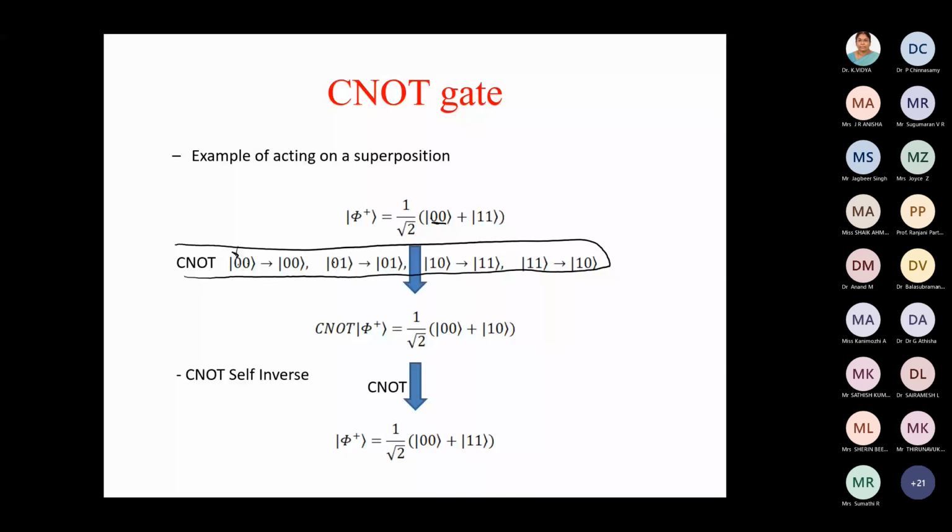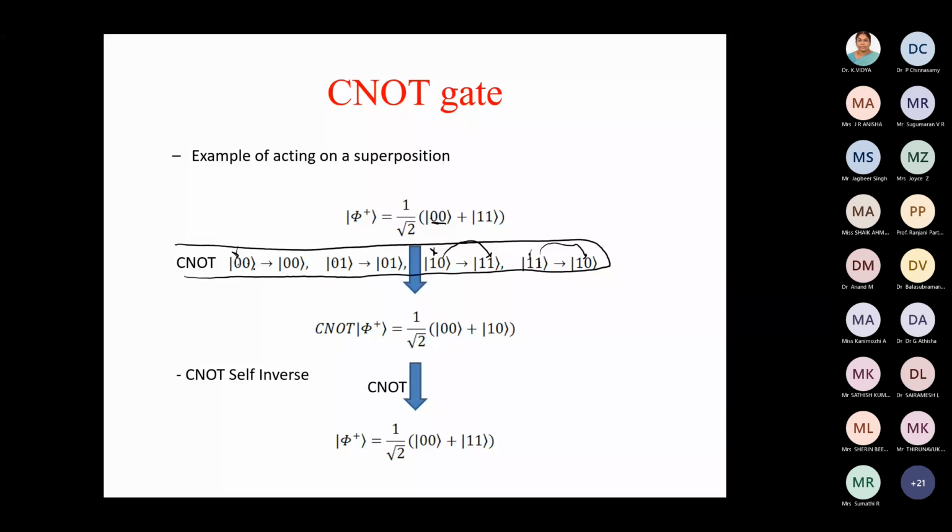Here also control is 0, no change. But here you see, the first is control, the second is target, so what should happen? This should change because control is 1. Here control is 1, so the target should flip. See here, it has become 0. Is this okay?